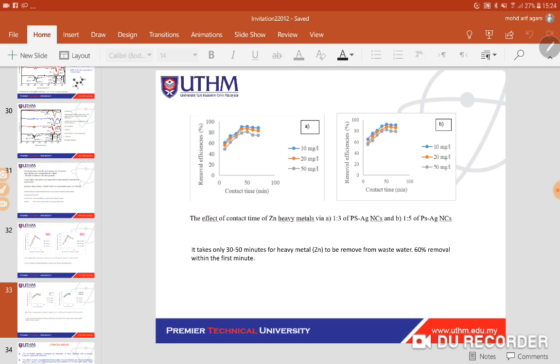if we look at the contact time, meaning that we try to see how fast the zinc can be absorbed by polystyrene argentum nanoparticles, or polystyrene argentum nanocomposites. From the left to the right, it is again the 1 to 3 ratio for argentum compared to polystyrene, and on the right side 1 to 5, polystyrene doped with argentum nanoparticles.